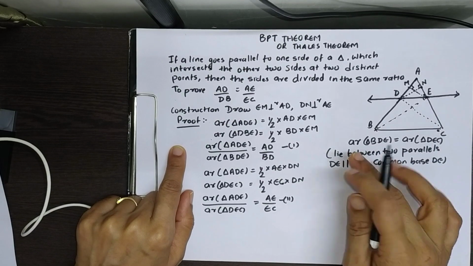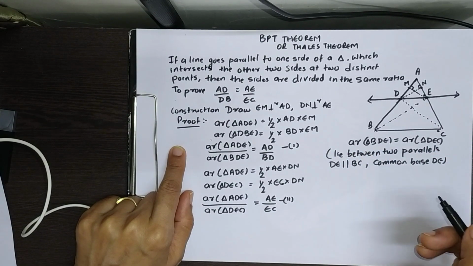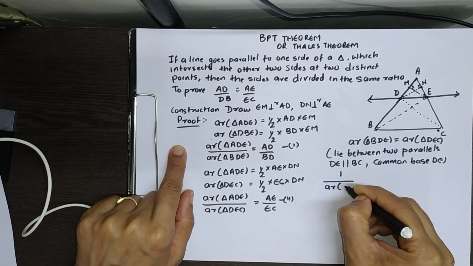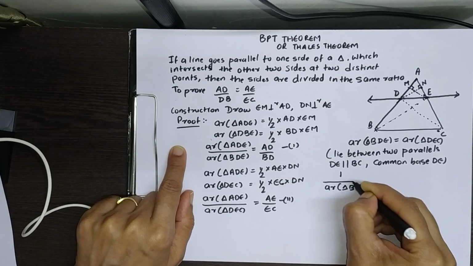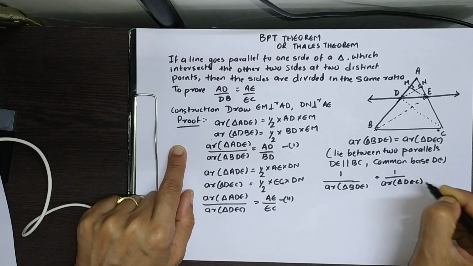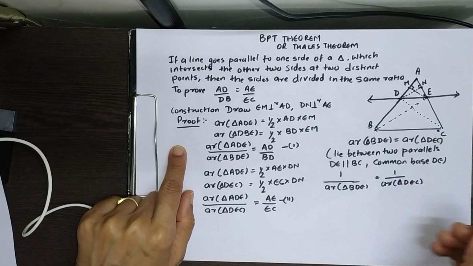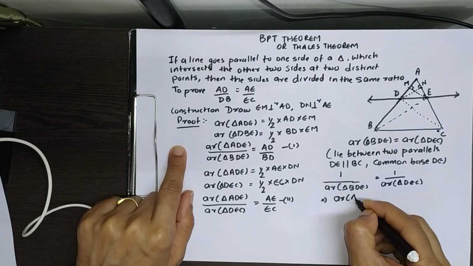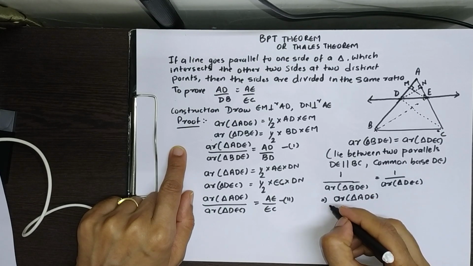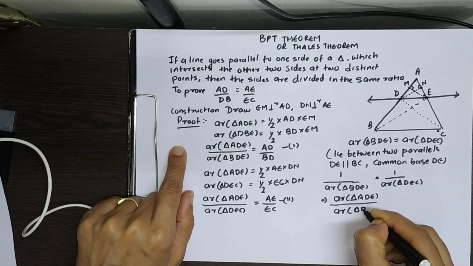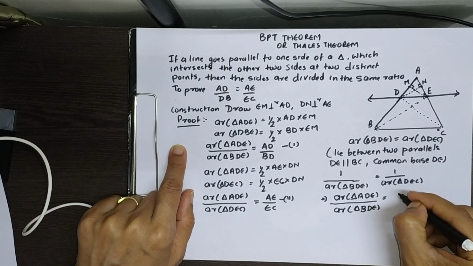Now obviously if their areas are equal, I will take the reciprocal of both the areas. So can I write down 1 upon area of triangle BDE is equal to 1 upon area of triangle DEC. Now I multiply both the sides with area of triangle ADE.